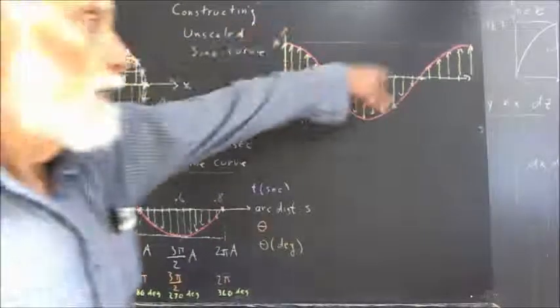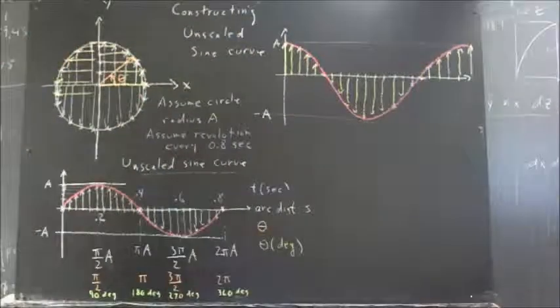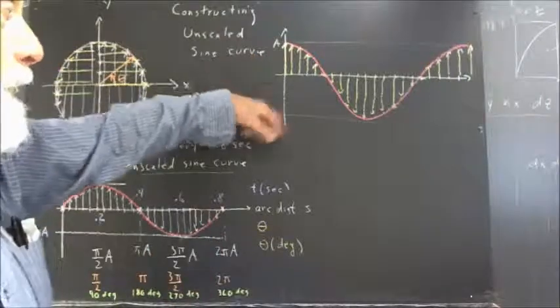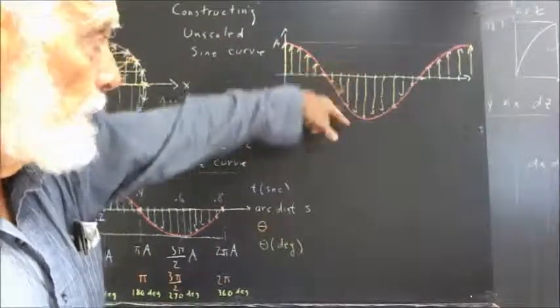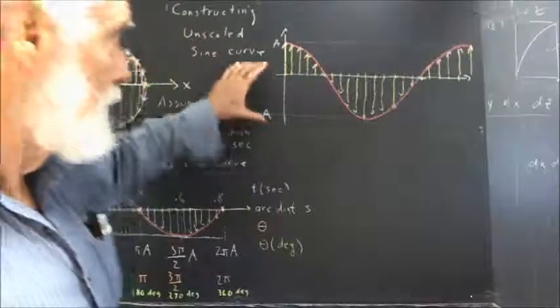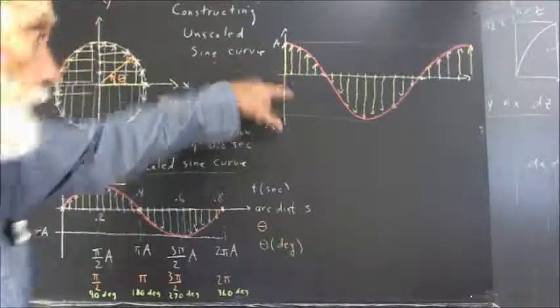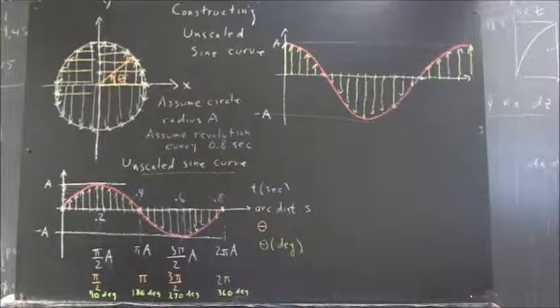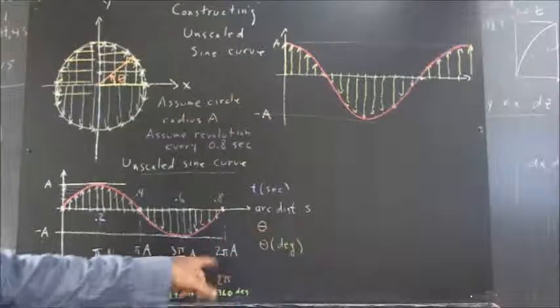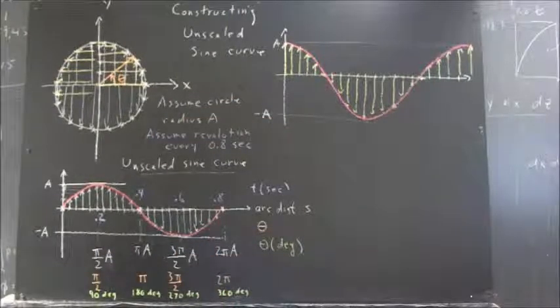So our graph might look like this, where A is here, negative A is here. I got a little exaggerated when I went below the axis, so my negative A looks bigger than my A, but drawn carefully, you understand what the graph would look like. And it could be labeled in every manner similar to this one.